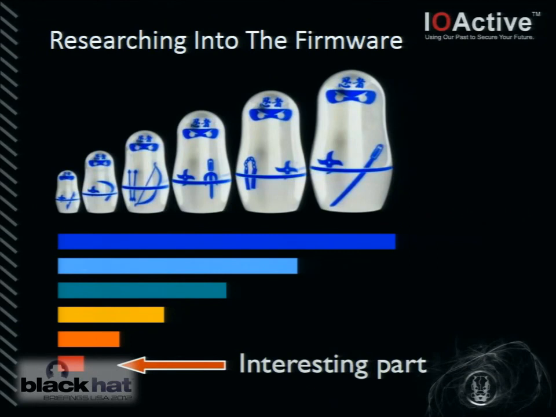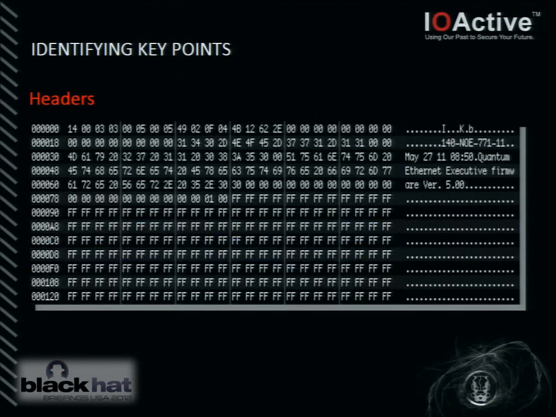So, as a security researcher, you're probably only interested in a small piece of the firmware. So I see the whole process as those nested Russian dolls called Matryoshka. So there are different levels of complication. So what we have to do is identifying several key points.